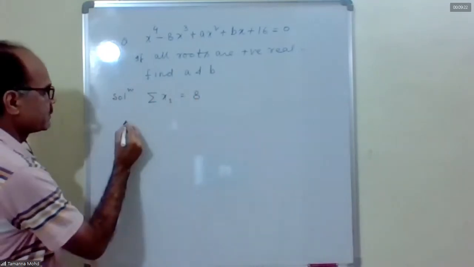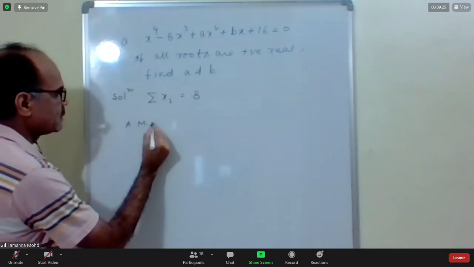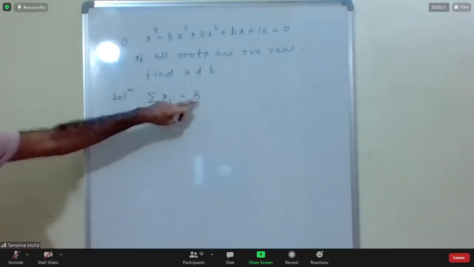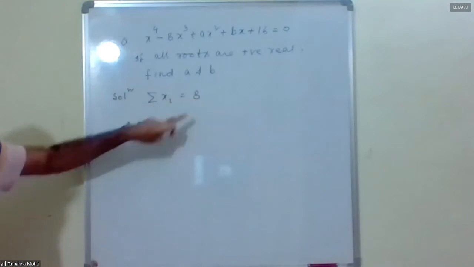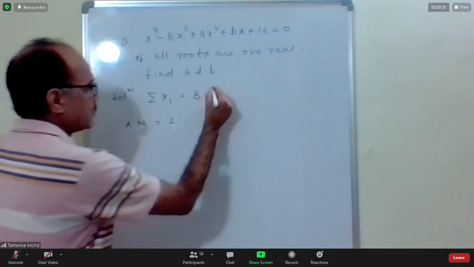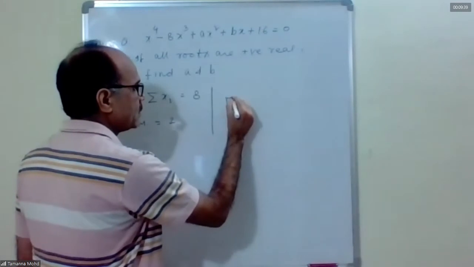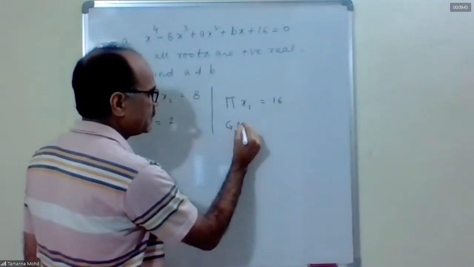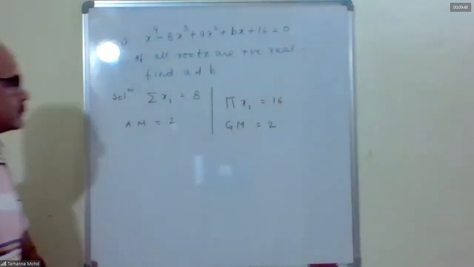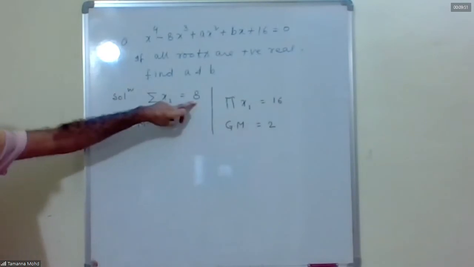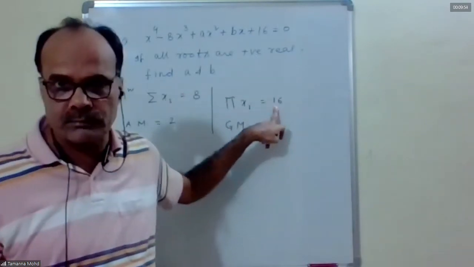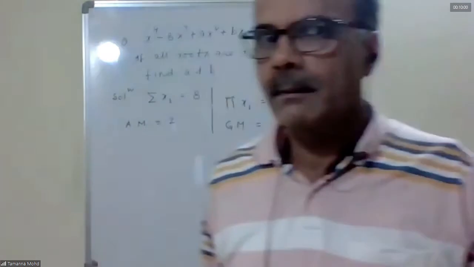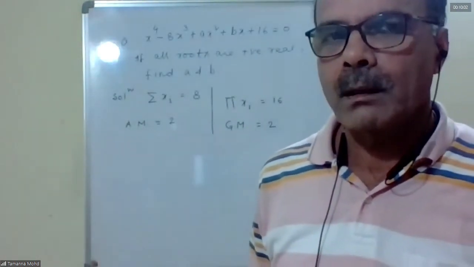The sum is 8, so the arithmetic mean of the roots is 8 by 4, which is 2. Now, the product of the roots is 16. What is the geometric mean? It is 16 to the power 1 by 4, which is 2. What does it imply? All roots are equal.